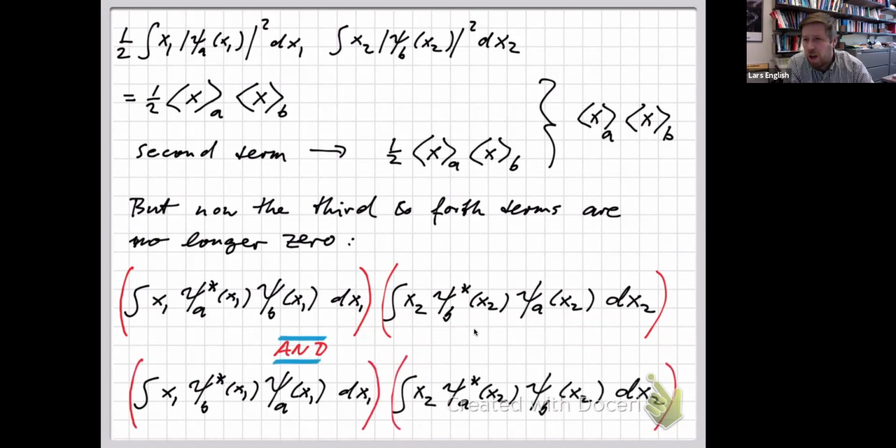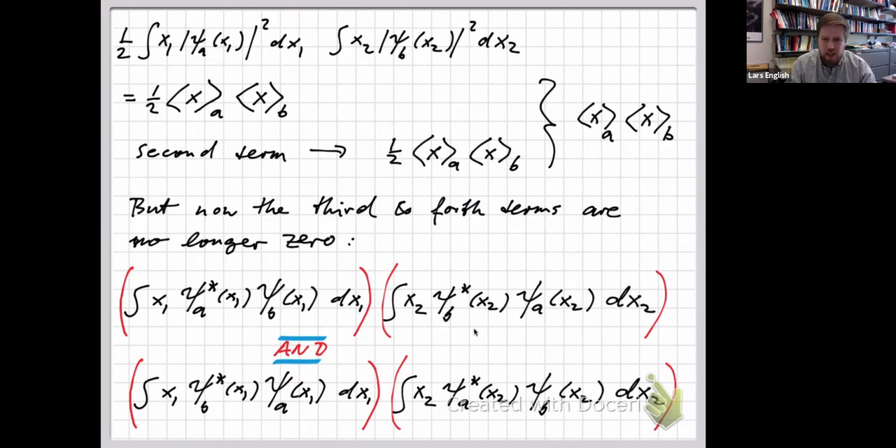So you can work out the details here, but that's what you will find happens. And it's really not all that tricky even to see that. You just have to go back to psi star psi for the two particle boson wave function that we just flashed up earlier. So basically those are the third and fourth terms. None of that goes to 0 now.